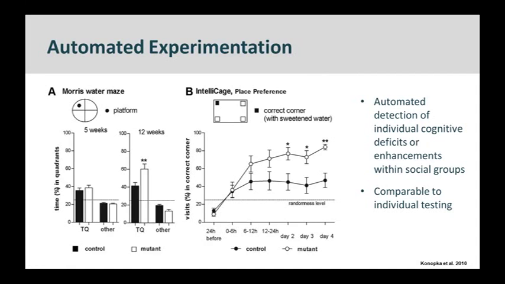A correlation between escape latency and percent correct corner choice has also been published in a different paper. This leads to the assumption that individual behavioral phenotypes identified within a social group like in the IntelliCage are comparable to individual behavioral assessment.